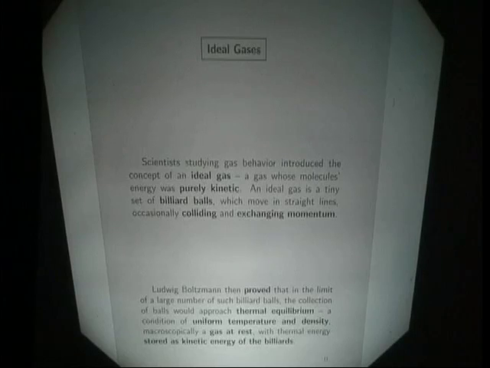Okay, so what is an ideal gas? Well, an ideal gas is a model of a gas where the energy of the constituents is purely kinetic. So there aren't any long-range forces between them. So they just propagate in a straight line at constant speed until they collide, and then they bounce off each other in some other direction and speed.